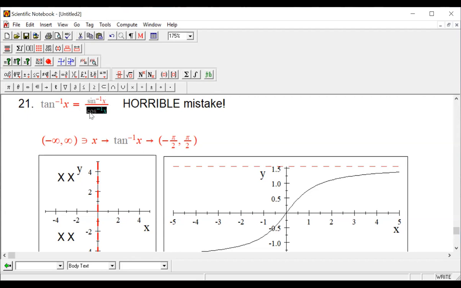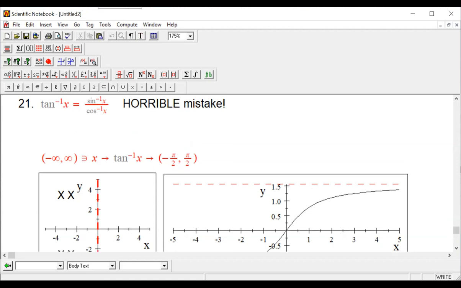The domain for arccosine is between -1 and +1. And this domain is from -infinity to +infinity. You cannot even plug in. Because if you plug in, say, x equals 2, the left-hand side is defined, but the right-hand side is undefined divided by undefined.